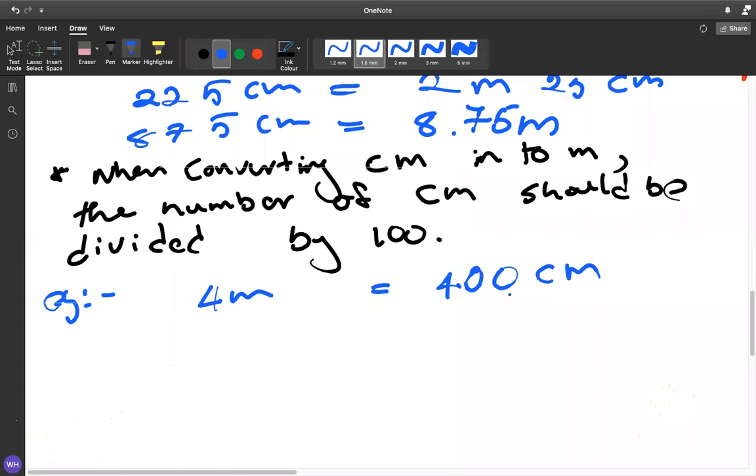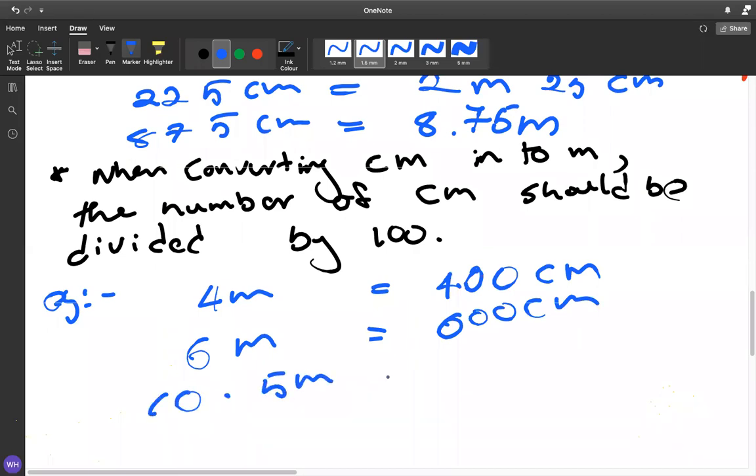That's correct. And what about this? If you have 6 meters, what is the number of centimeters that you have? 600 centimeters. Correct.